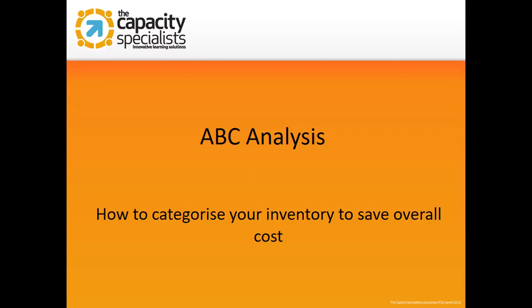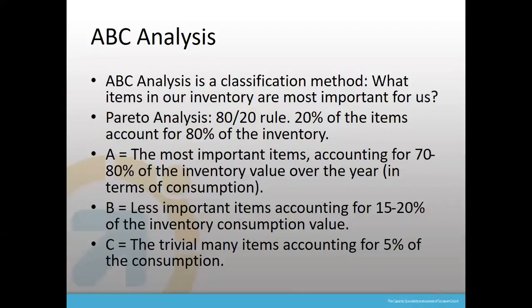In inventory management, we categorize our inventory into category A, B, and C. The basic idea is to decide what inventory is more important for us. And what is most important for us, we want to take better care of, but that will also be more expensive. Okay, I will show you.